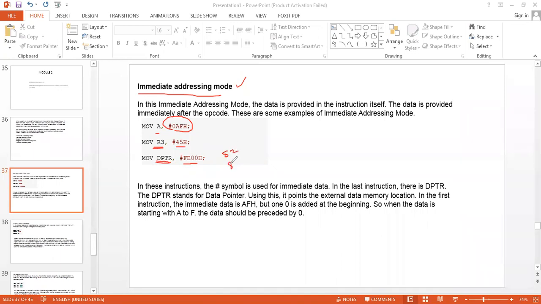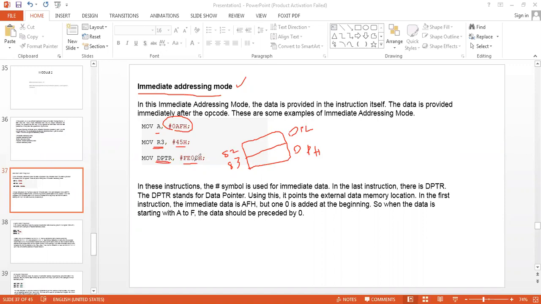These are memory locations of 1 byte data each, DPH and DPL.